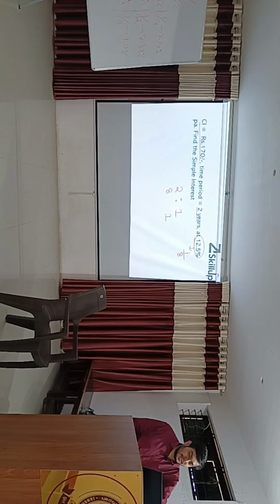Because they have asked what? Simple interest. What is simple interest? 2 parts. Now in note rate, 8 2s are 16 plus 1, 17. Its value is 170. Now 1 unit value is 10. This is my simple interest.